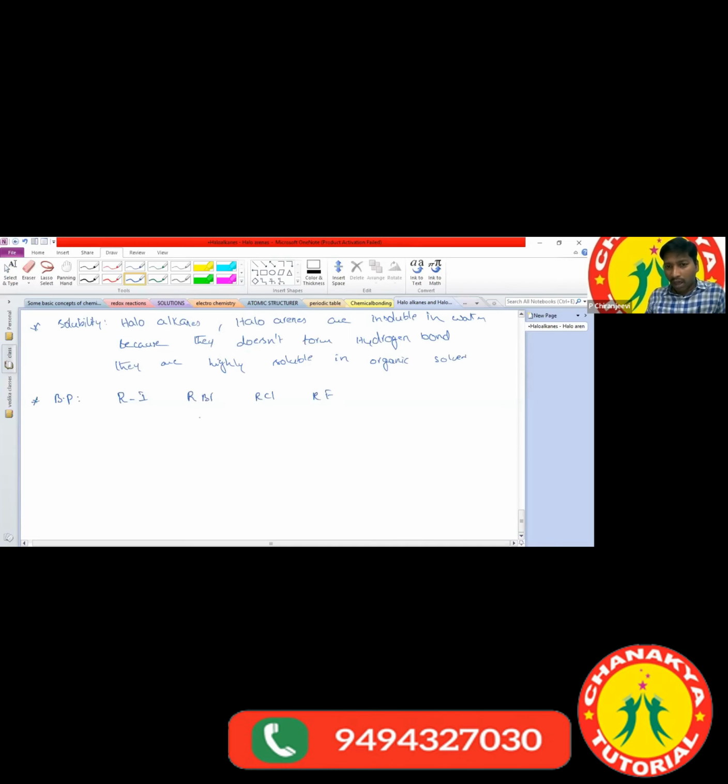Which one has the high boiling point? The alkyl halide with the high molecular mass has the high boiling point. So alkyl iodide has a higher boiling point than alkyl bromide, and alkyl bromide has a higher boiling point than alkyl chloride.